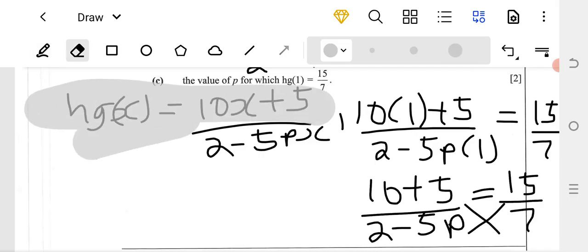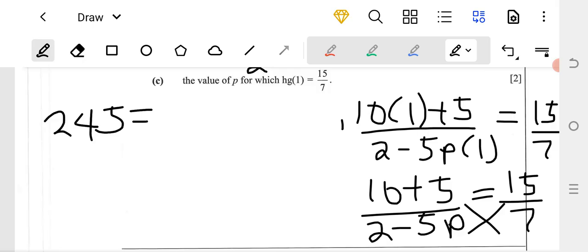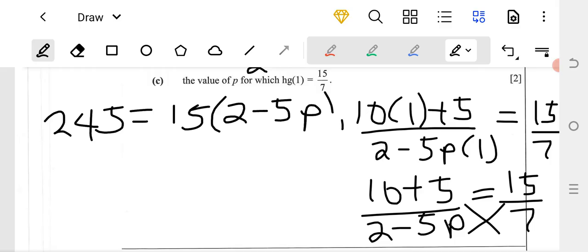So let's clean up here. When you cross multiply, if you simplify here, 10 plus 5 is 35. Then if you type in your calculator 35 times 7, you are going to get 245. I hope you are following. So 245 is equal to 15 multiplied by 2 minus 5p.